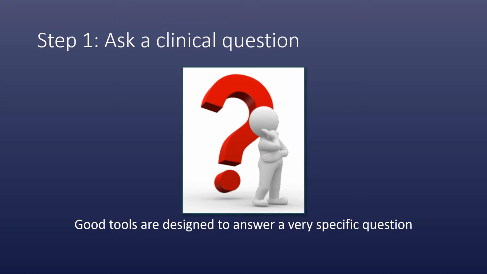This decision tool asks the question, in patients that have sustained blunt trauma and are complaining of neck pain, which patients require imaging of the cervical spine? This is a very specific question, which is why they were able to identify the 5 clinical signs and symptoms that allowed them to achieve nearly 100% sensitivity and specificity for cervical spine injury.